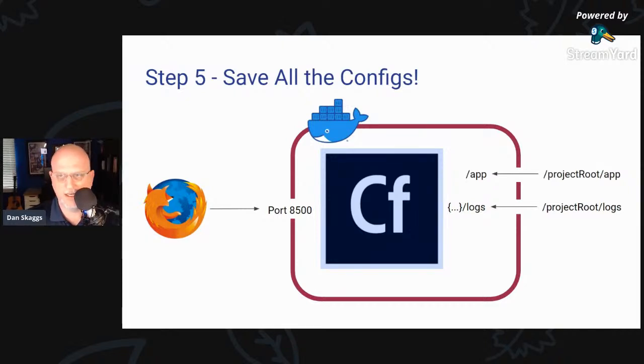Your data sources go away, any caching settings that you've changed, any timeout settings, any of that stuff gets defaulted back. So that's obviously less than productive to have to manually recreate all that every time.